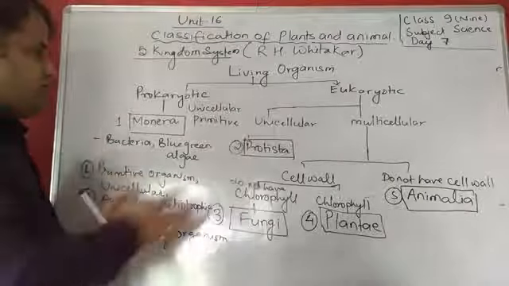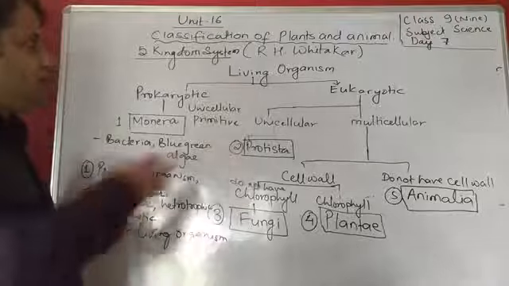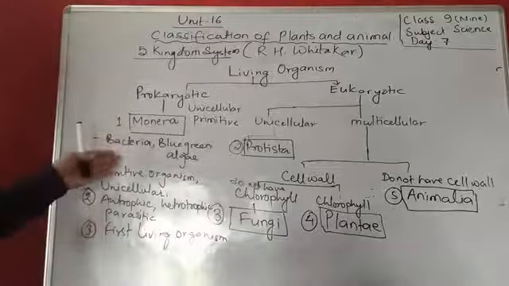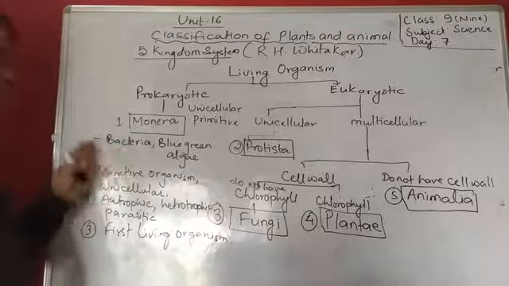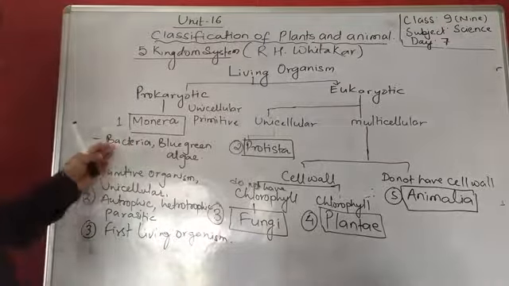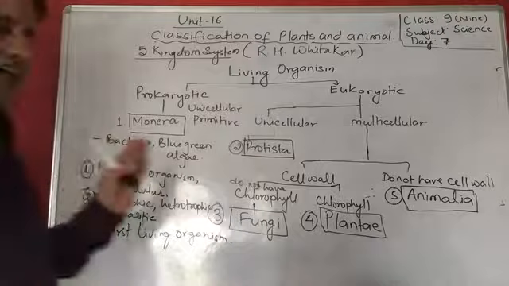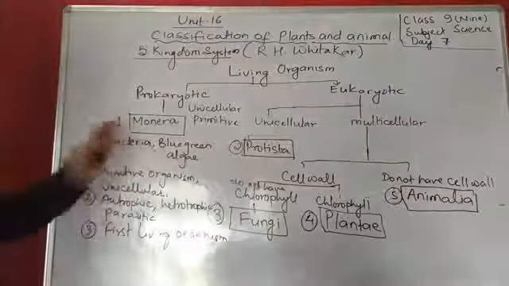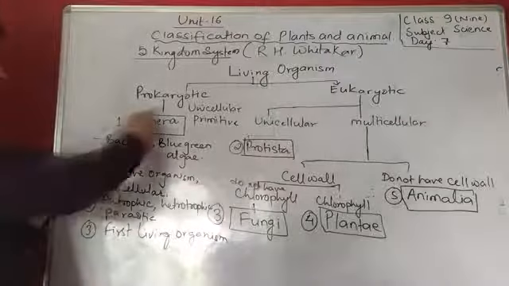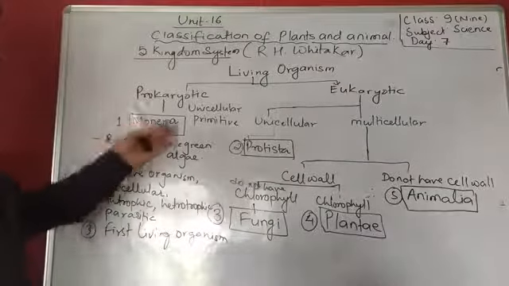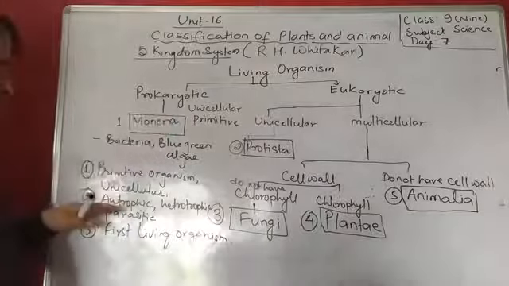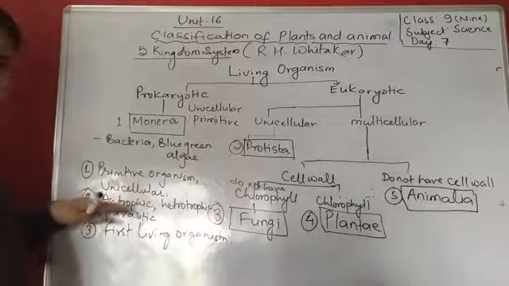So try to understand how R.H. Whitaker classified, and what the characteristics of Monera are, and examples of organisms like bacteria, blue-green algae, Azotobacter and Vibrio cholera, which belong to this group of prokaryotic organisms, which are primitive and unicellular, and which may show autotrophic modes of nutrition.